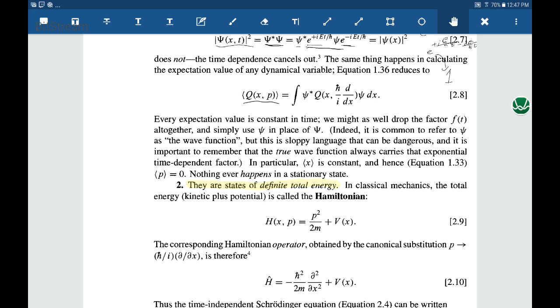Now you will notice, and you probably noticed in the other answers, that if we did the expectation value of momentum, on the other hand, nothing happens. It gets 0. And that's because, as he says here, nothing happens in the stationary state. That does tell you a lot about it.